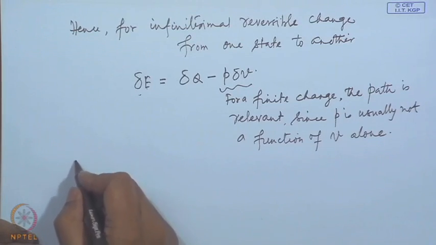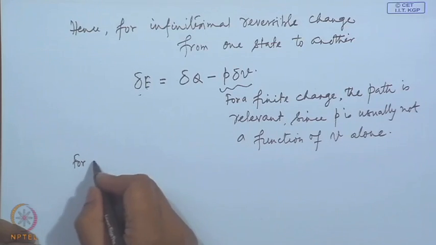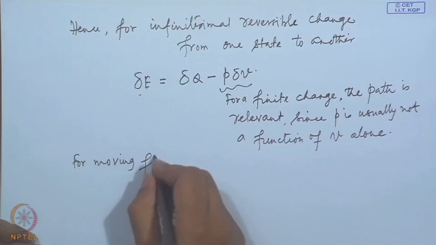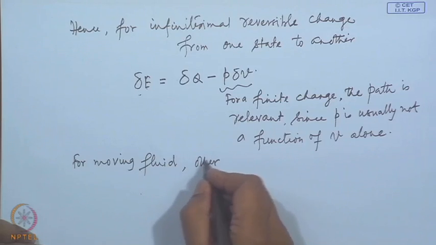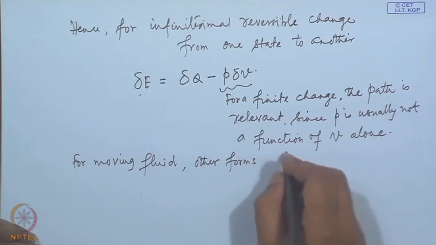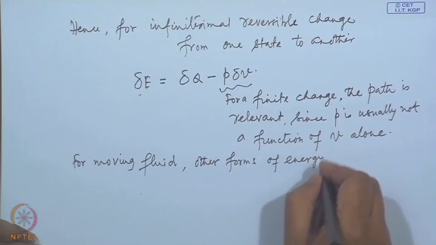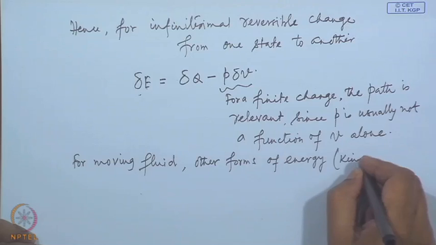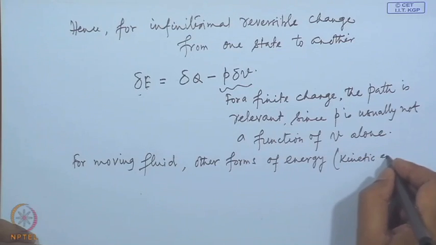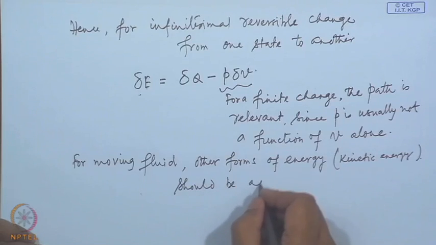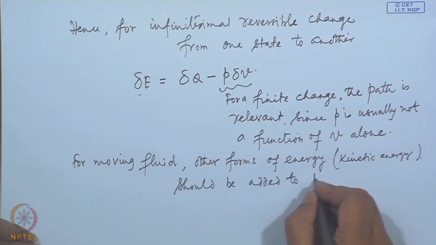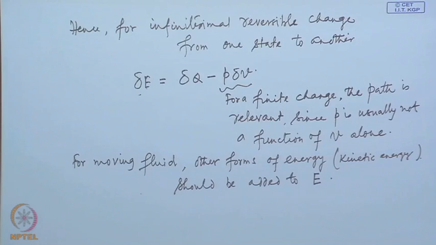So, you can write that for a moving fluid, other forms of energy, say kinetic, should be added to E, and the equation is then the energy equation for flow.